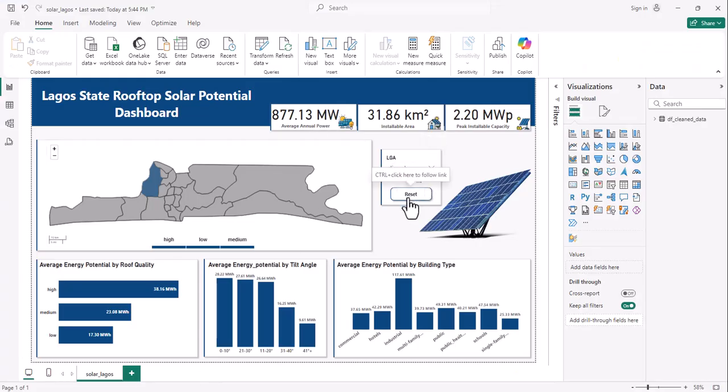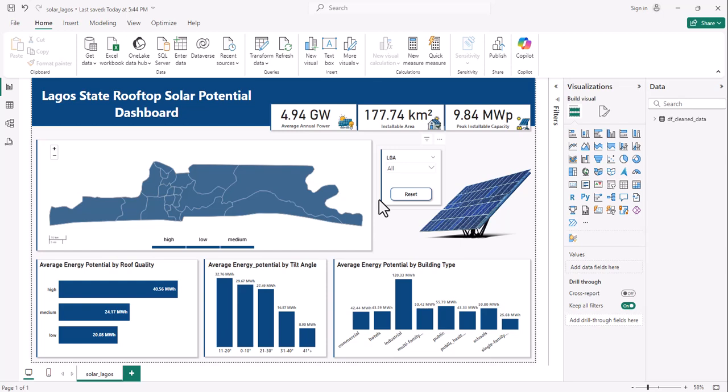here are some of the KPIs that I used. Lagos State basically had an average annual power of 4.94 gigawatts. That is, about 4.9 gigawatts can be generated only from solar panels, as an installation of solar panel renewable energy, and that will take about 177.74 square kilometers of area, that is, the space that will be taken by those solar panels.